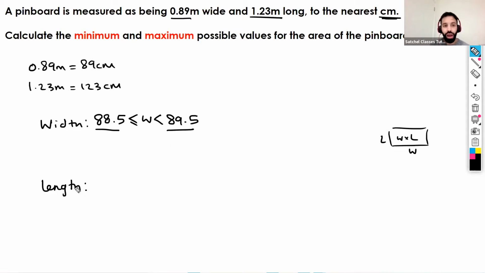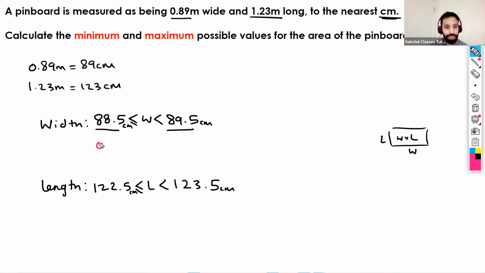The length, again, it's to the nearest centimeter. So the lower bound is going to be 122.5. And the upper bound will be 123.5. Now, right now, we're working in terms of centimeters. We could then rewrite the bounds in meters as well. So if I was to write them in meters, I will use a different color pen. I would have to divide by 100.